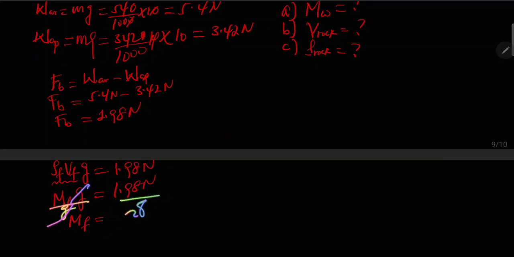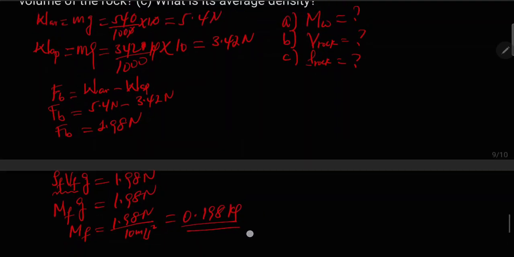So g by g ጠፋ, mass of fluid ይቀራል። Mass of displaced fluid is equals to 1.98 Newton over g, which is equals to 10 meter per second square. ስንት መጣል? ይሄ mass of displaced fluid 0.198 ኪሎግራም እቺ ናት ማለት ነው mass of displaced fluid.